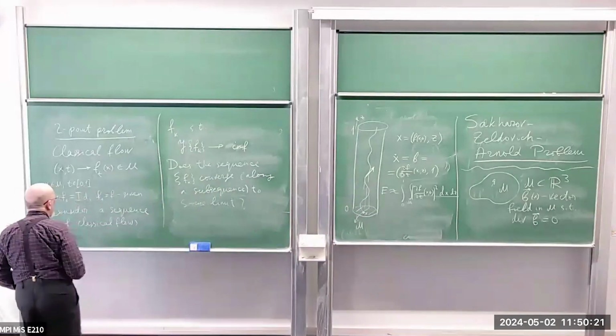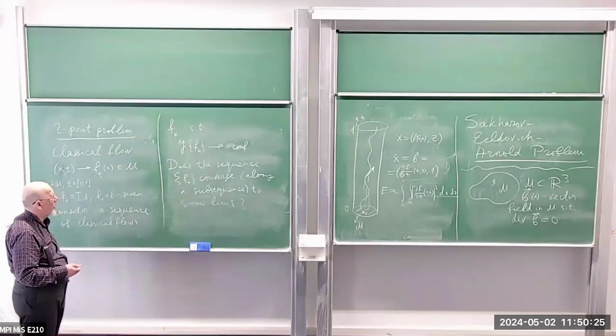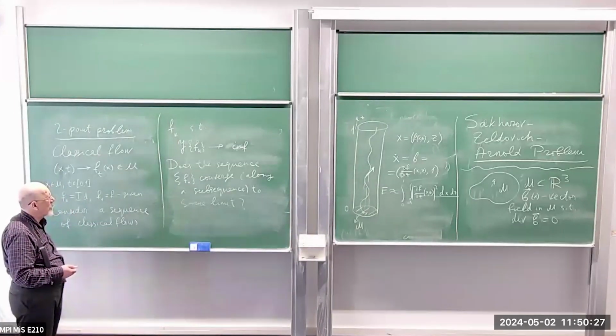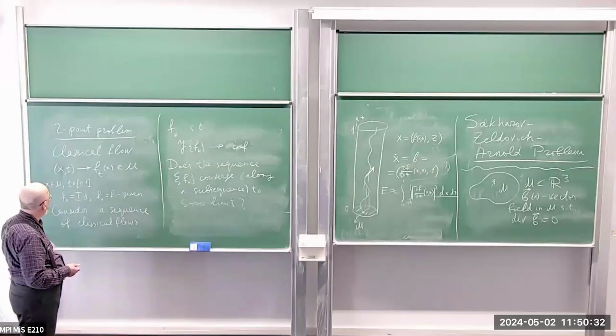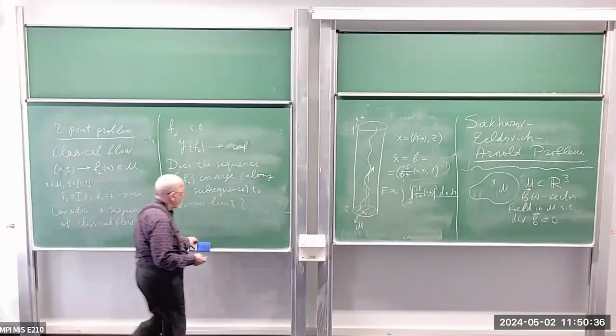We have to consider a much weaker, much more general space where this D is compact.